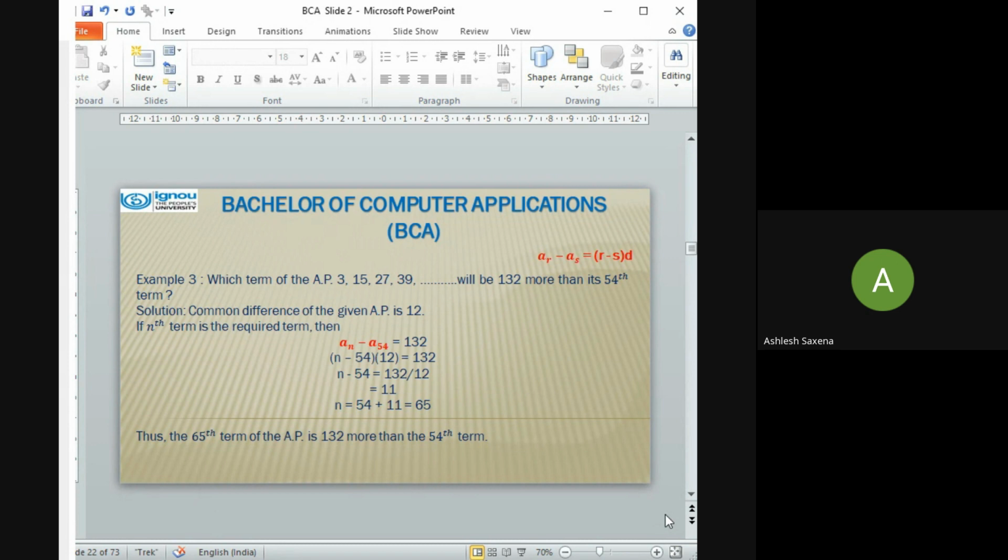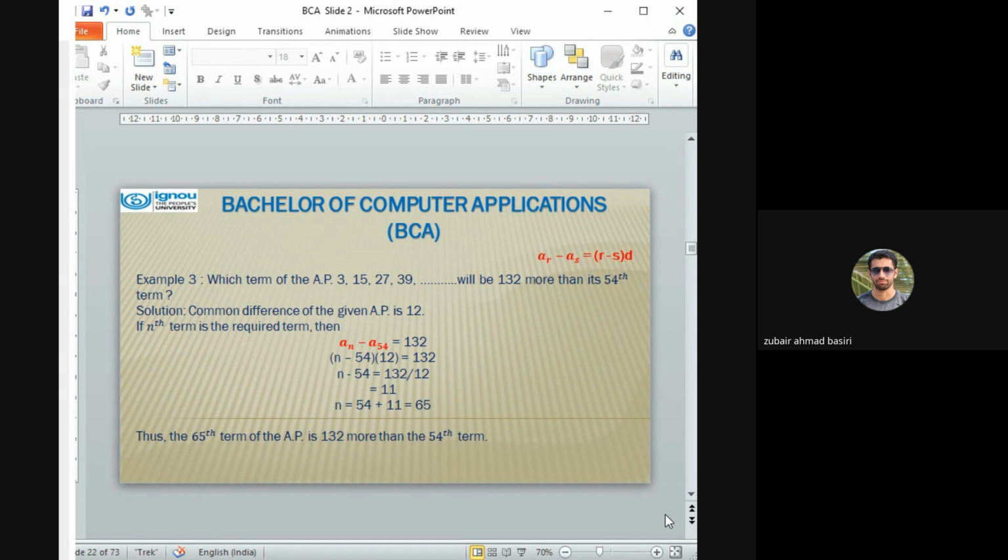Sir, it's so common. We are finding the n-th term, like which term, and until the last we have calculated and we got 65. First of all, we know the 54th term, and we need to find which term will be more than that.